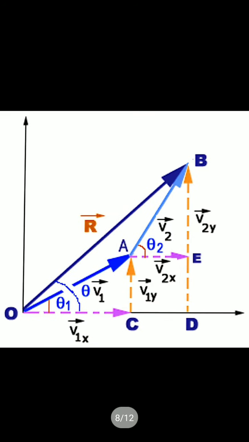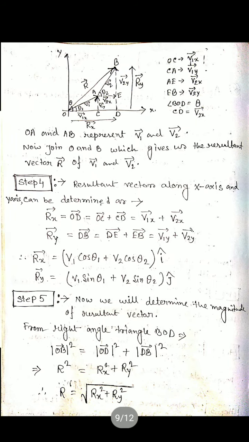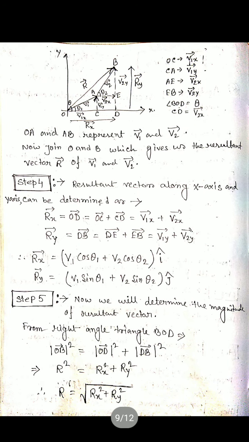Similarly, Ry, that is DB or BD, we can write as DE plus EB. DE is parallel to AC or CA, that is V1y, so DE is also V1y, and EB is V2y. So Ry equals V1y plus V2y.